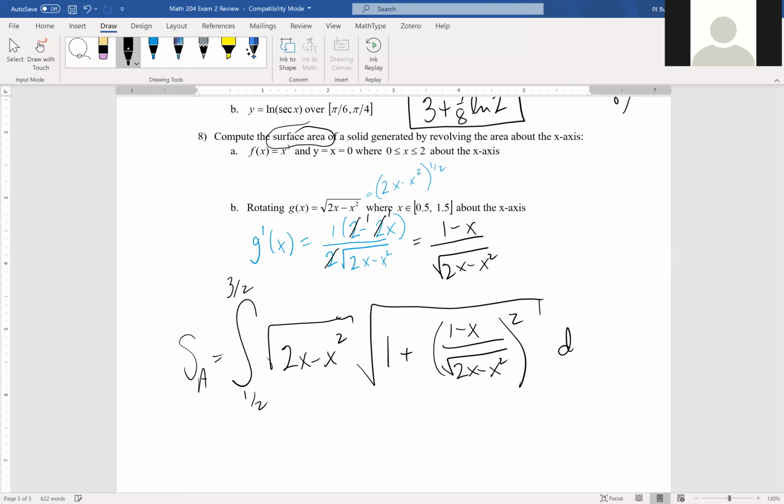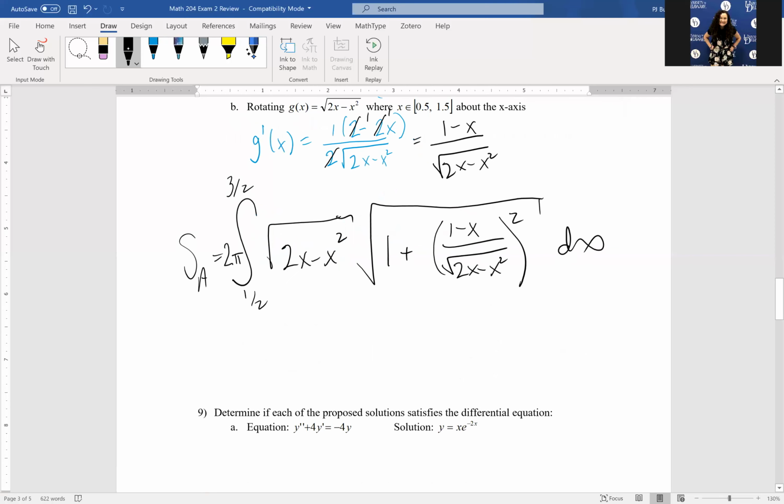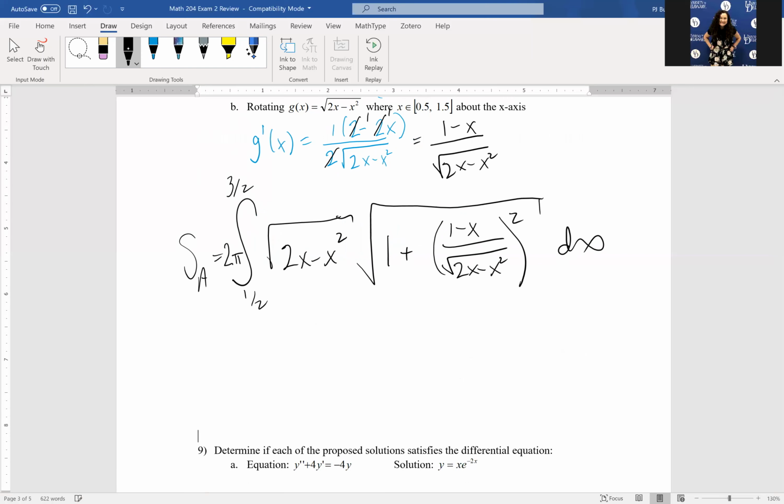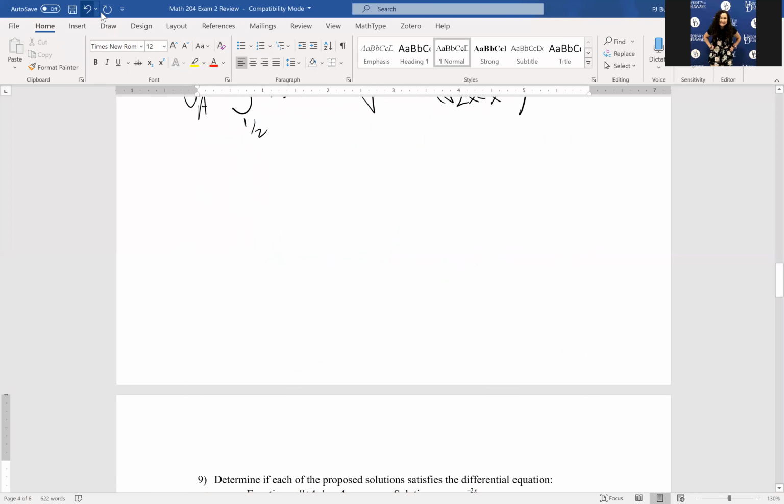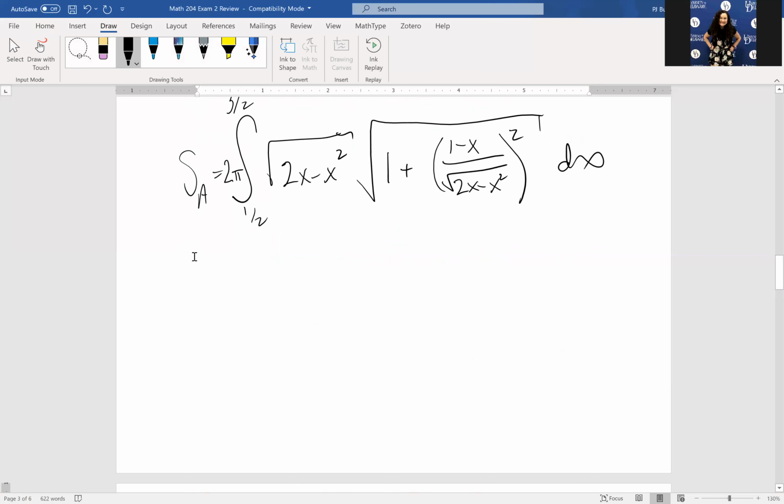Of that square root. Do you need a 2 pi in front of the integral? I don't know, do I? I think so. All right.